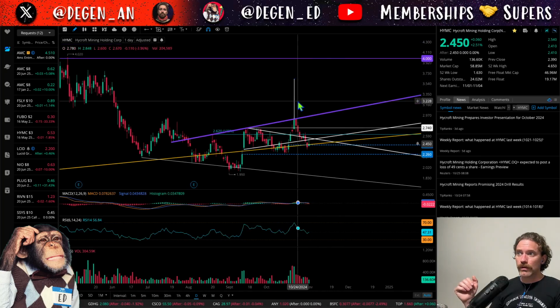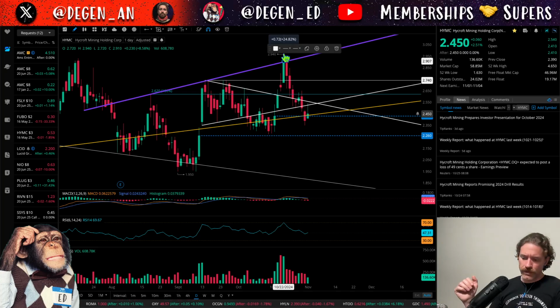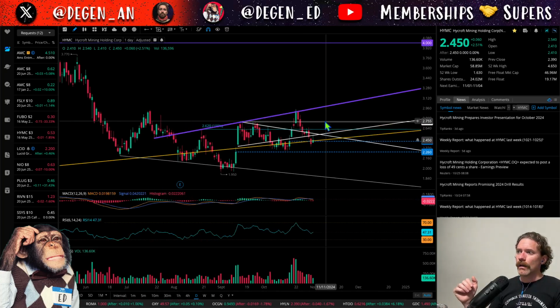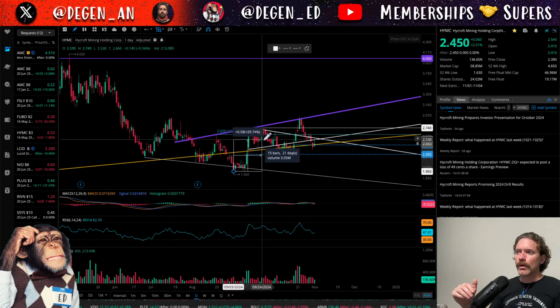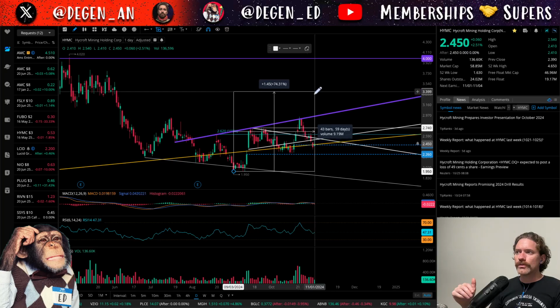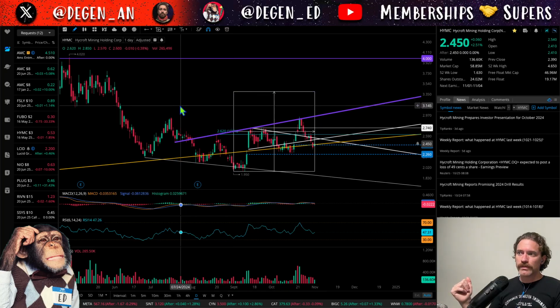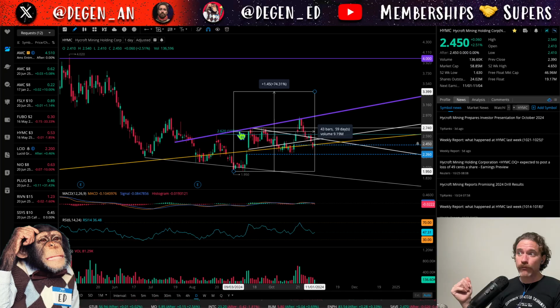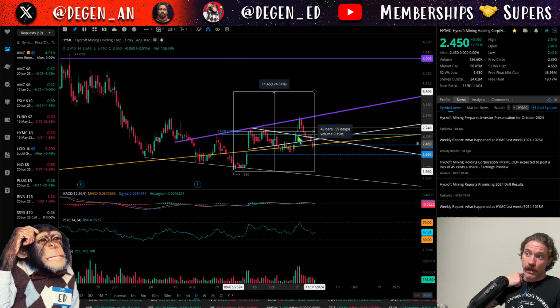What I should do, I've recently started doing this, I suppose, where rather than just doing a measurement from a straight line up, I should do it so the midpoint goes to it, and then I can see a box rather than just a straight line. And so I think that puts it into a little bit better perspective, because the halfway point is right around where the intersection is with the neckline of this inverse head and shoulders.